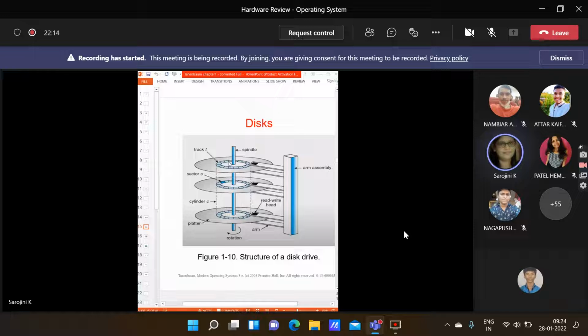If you look at each track, it is further split into sectors. In some architectures, all the tracks will have the same number of sectors. All the tracks are circles. I'm not talking about the space of the circles.